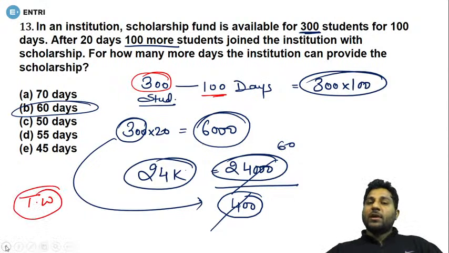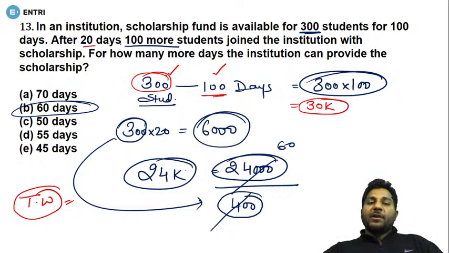It is also a case of time and work question. We multiply the total number of students with the days to get the total work. That means we arrive at the 30,000 value, which we consider as total work or total money or total fund.